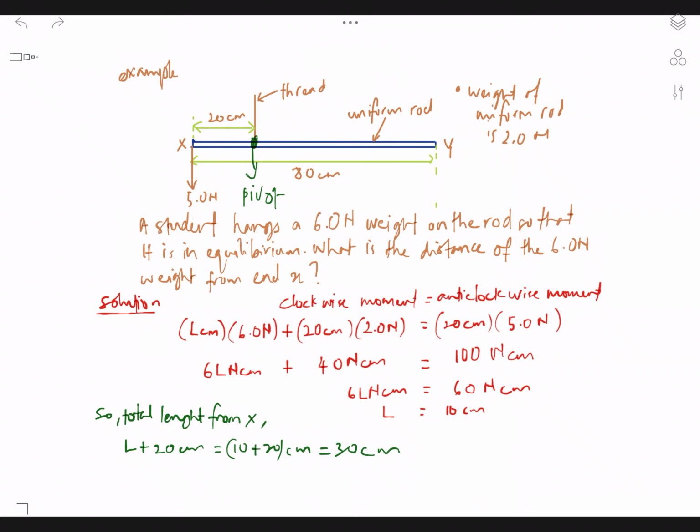So, when we have this uniform rod, and we know that the weight of the uniform rod is 2.0 Newton, we need to point out where the weight actually acts. The weight acts from the middle of the rod, so it should be here.